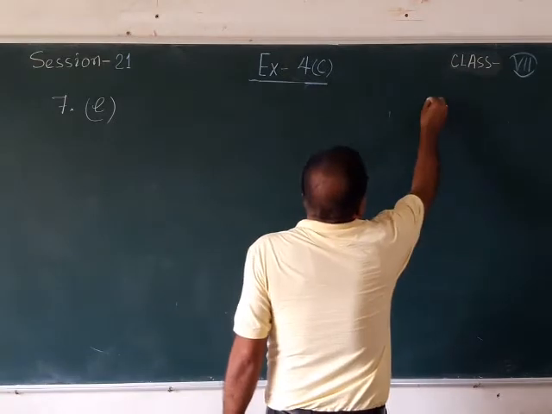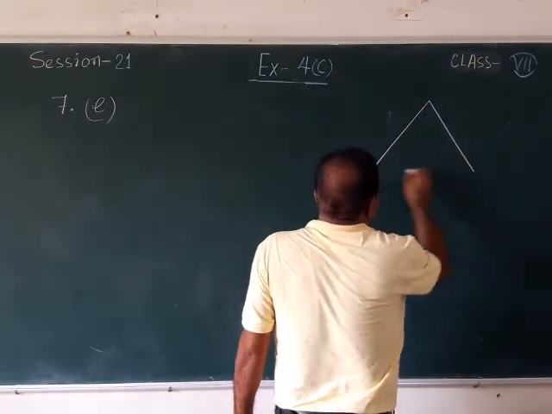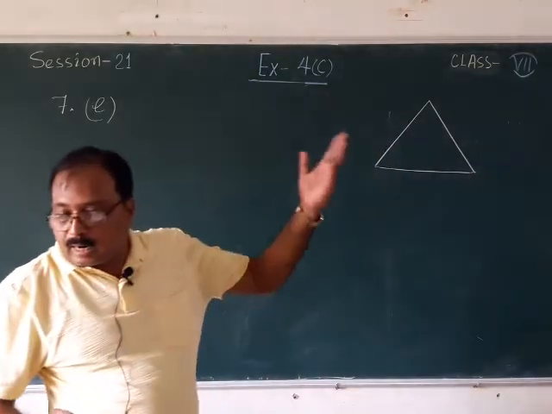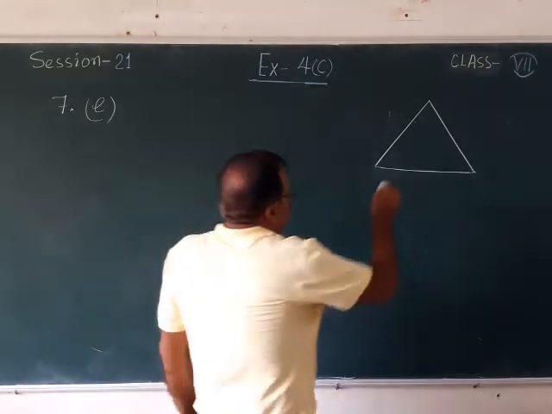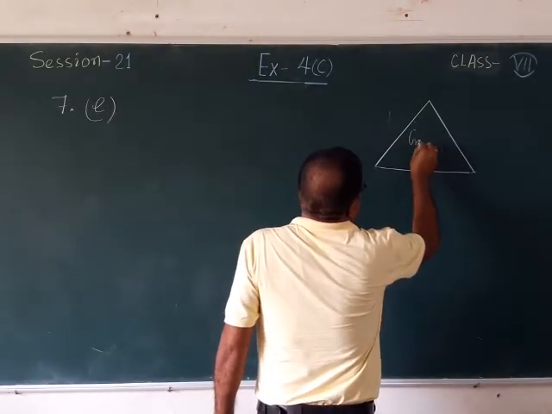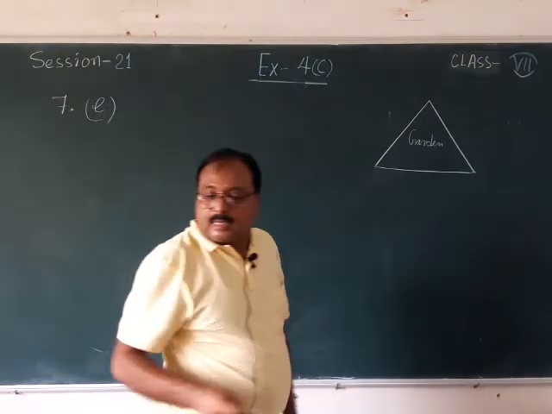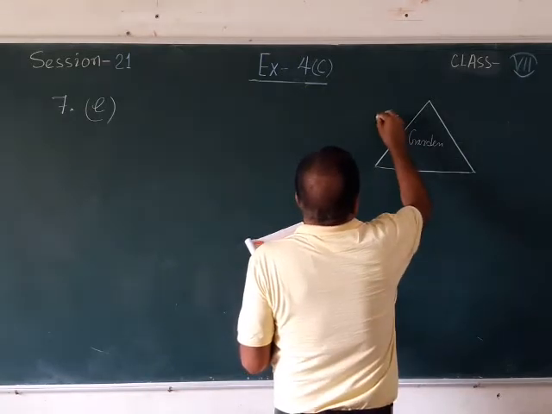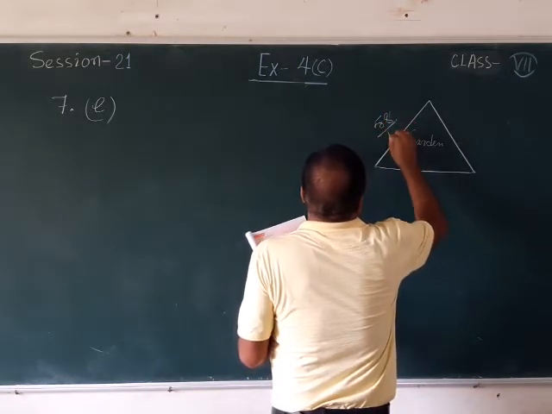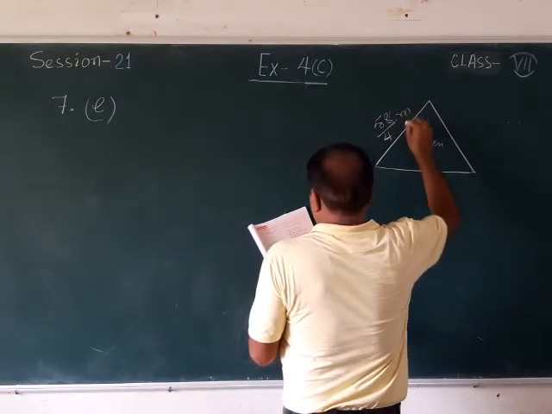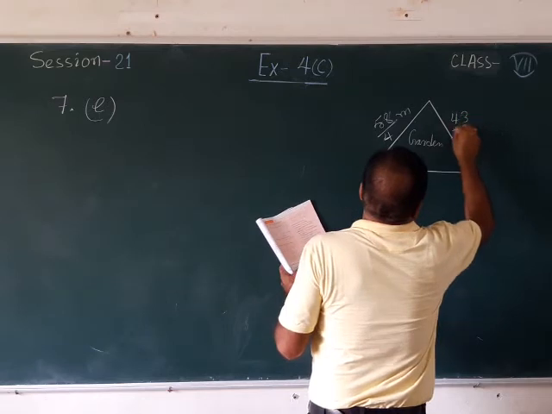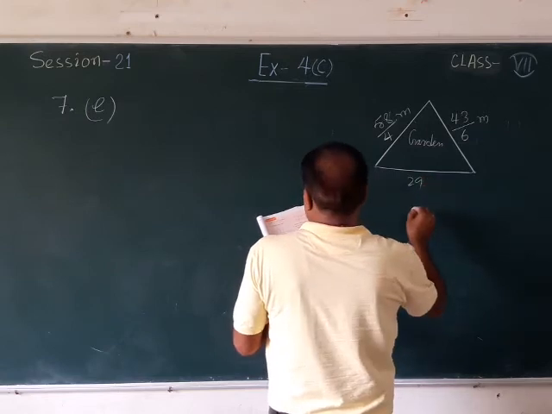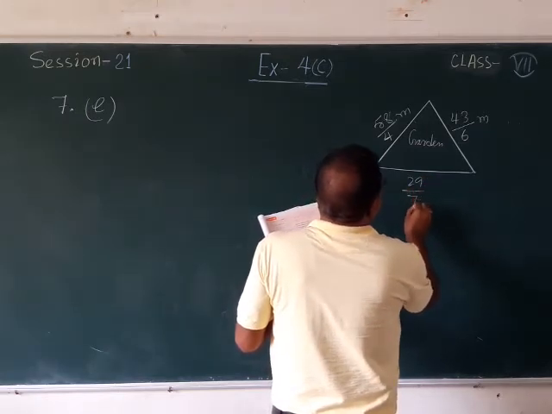Let us see. A triangular garden. The shape of the garden is a triangle. So suppose this is the garden. In this garden, the three sides are given: one side is 58 upon 4 meter, another side is 43 upon 6 meter and another side is 29 upon 7 meter.